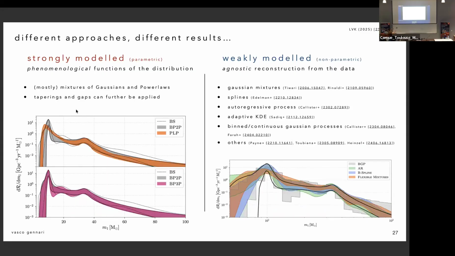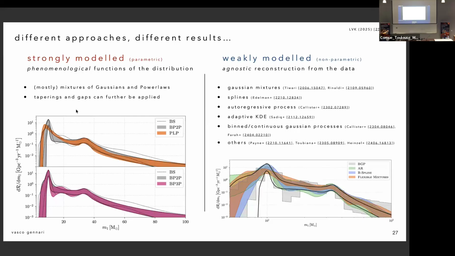Just to show you how this looks, if we take again the distribution of the primary mass, for strongly modeled approaches, this mostly means taking combinations of Gaussians and power laws. You can see here in orange how the same distribution that I showed you before looks if you assume a model that is just a power law plus a Gaussian peak.